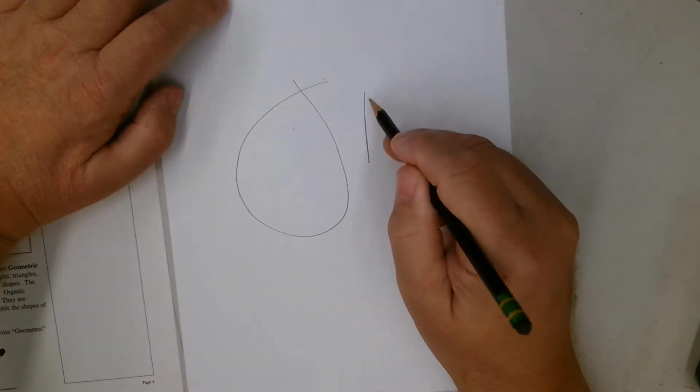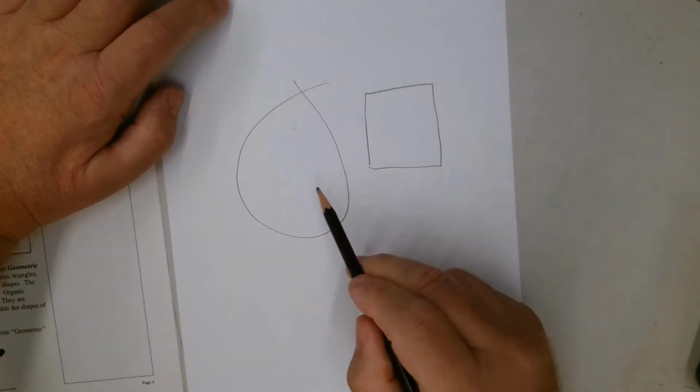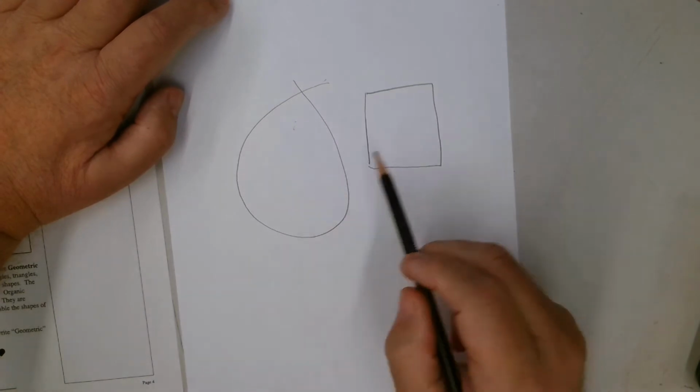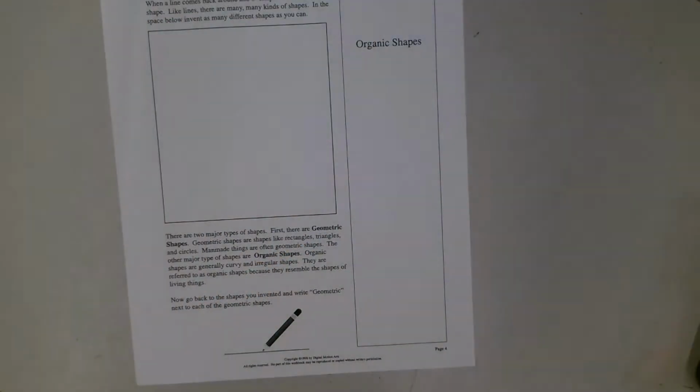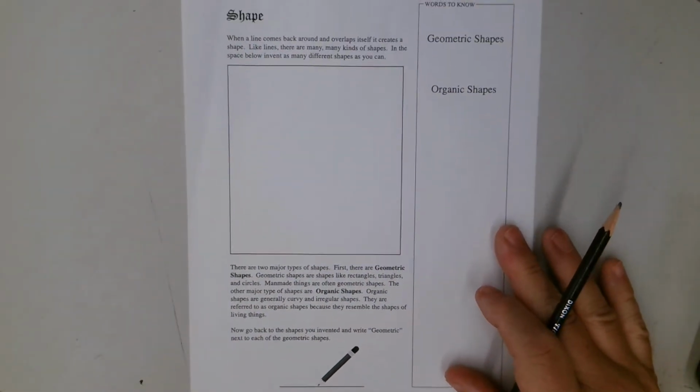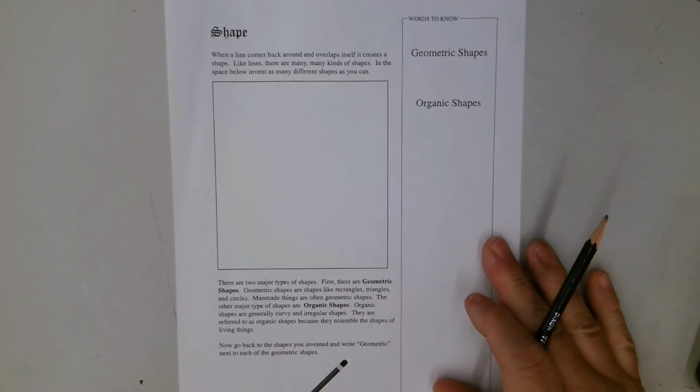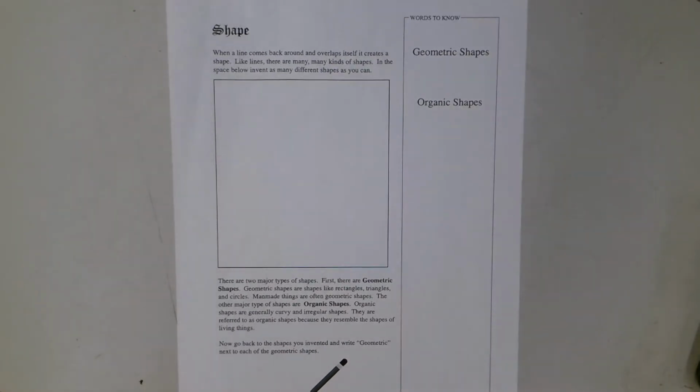There are different types of shapes. There are organic shapes and there are geometric shapes. So we're going to talk about that. This is our vocabulary. This is the page. If you want to click and read all about that, the directions for what goes in this box are going to be a little bit different than what is asked for you there, although if you feel like you want to do those also, you're more than welcome to.